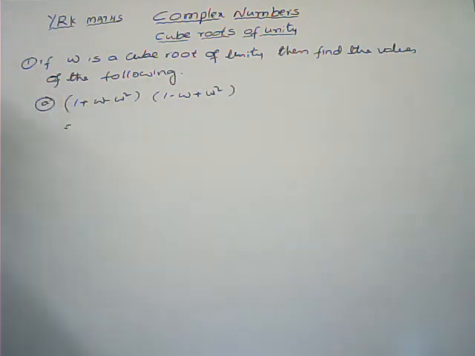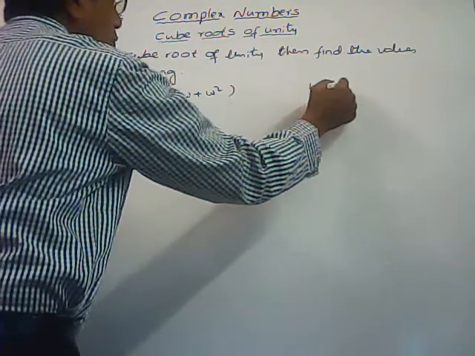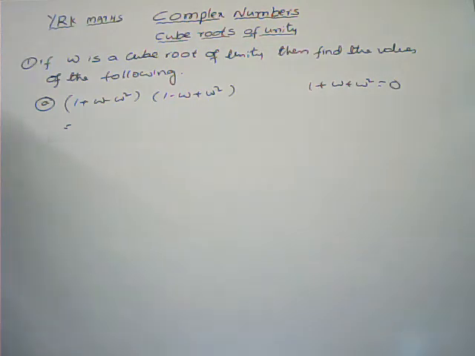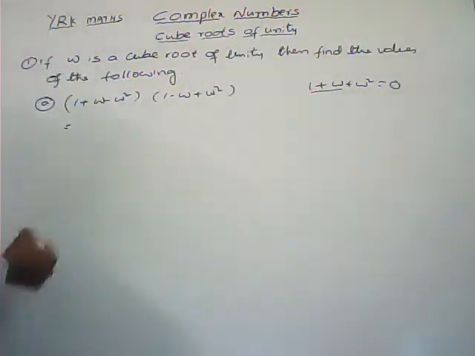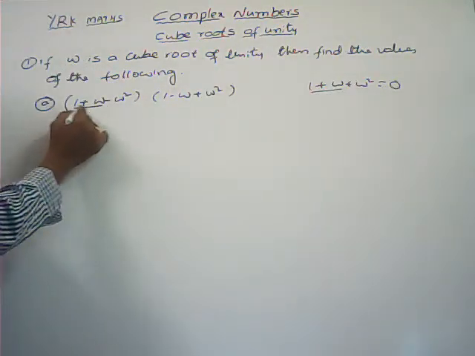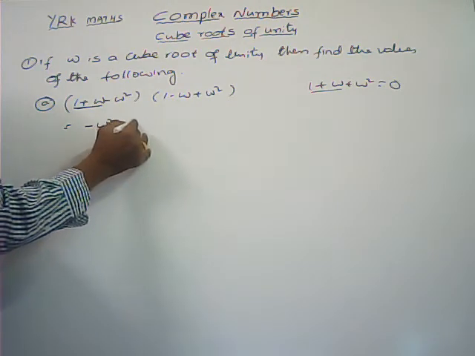Here a property is there. What is that property? 1 plus omega plus omega square, always 0. The sum of the cube roots of unity is always 0. Now if I make this the subject, 1 plus omega is equal to minus omega square. Instead of 1 plus omega I am writing minus omega square, and one more minus omega square is there.